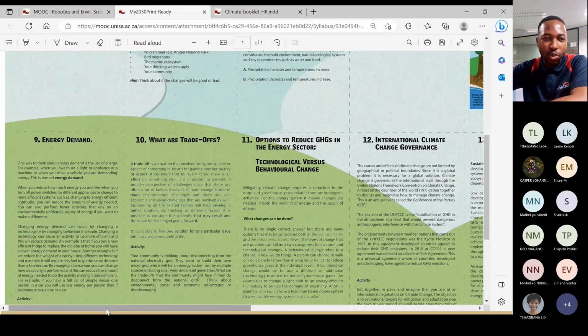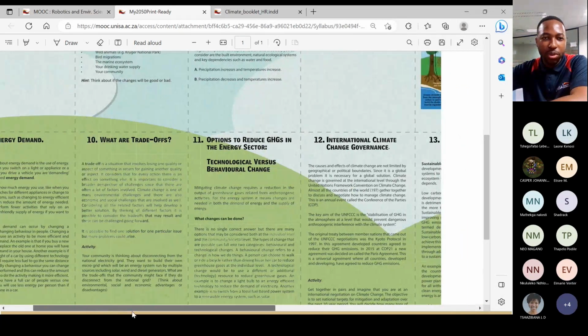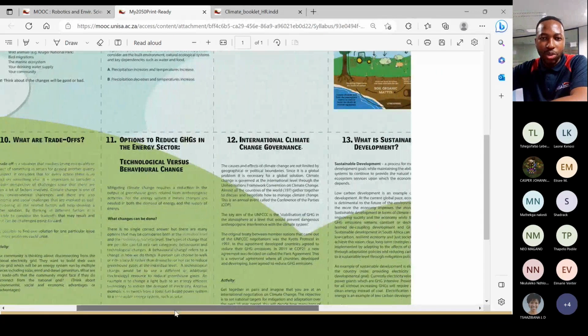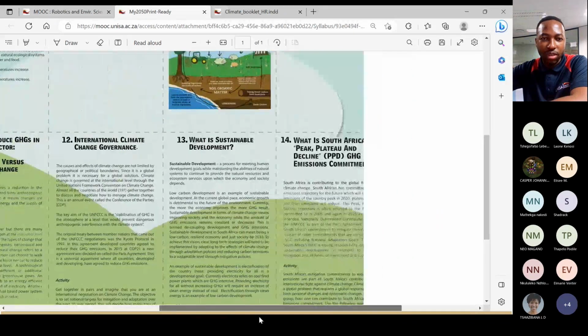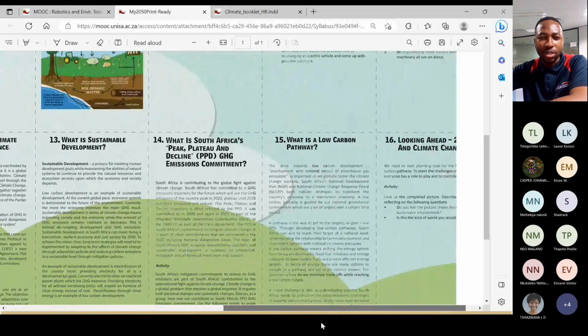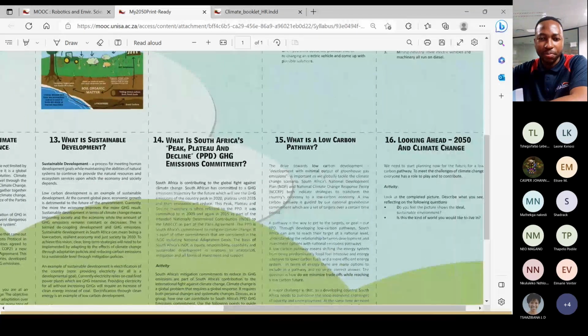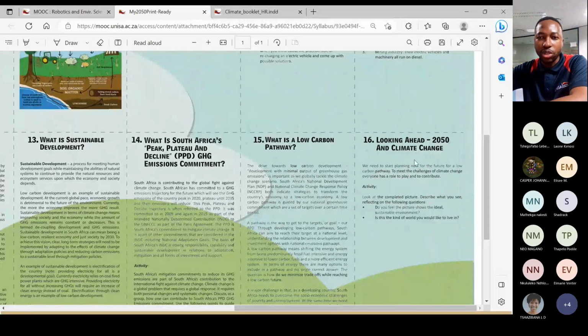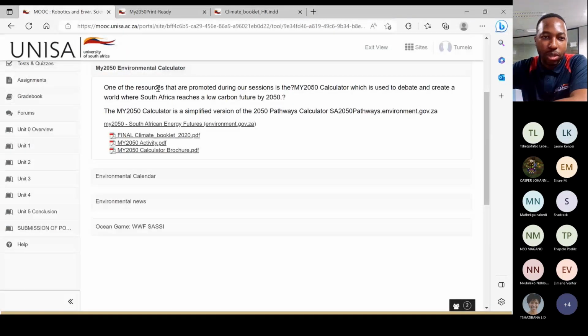And we have what are trade-offs, options to reduce greenhouse gas emissions in the energy sector, international climate change governance, what is sustainable development, what is South Africa's peak, plateau and decline. This is basically some of the documents that we have under the Robotics and Environmental Sciences syllabus tab.